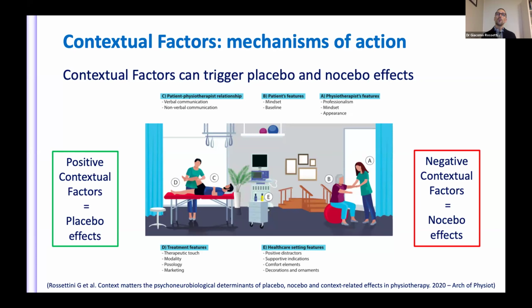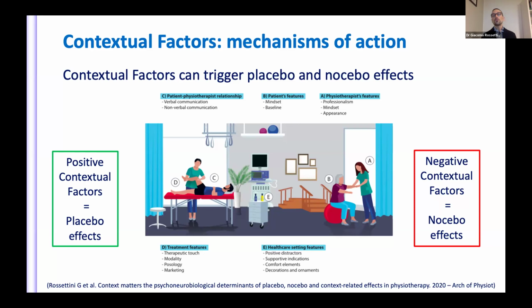During the administration of the therapy, patients are influenced by the specificity of the treatment, but also by various psychosocial cues, such as the words of the clinicians, the sight and the sound of the healthcare devices, the smell of the hygienic, and the taste of the gloves, for example, when we are doing an intrabuccal mobilization for a TMJ dysfunction. Well, all these cues influence the patient's perception, shaping their experience in a positive or in a negative way, triggering placebo or nocebo effects.